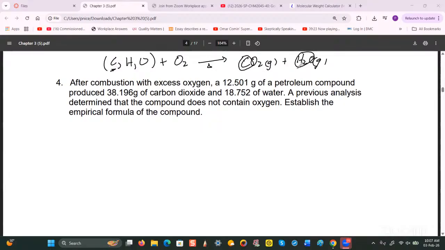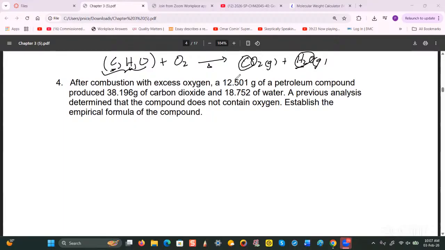And the mass of hydrogen here will be the same as the mass of hydrogen here, right? Now, as far as the oxygen is concerned, you can get that by taking the total mass of the compound and subtracting the mass of carbon and hydrogen from it, and that will give you the mass of oxygen, right? And therefore, based on those masses, you can determine the empirical formula, right? So that's basically an overall description of how combustion analysis works, right?